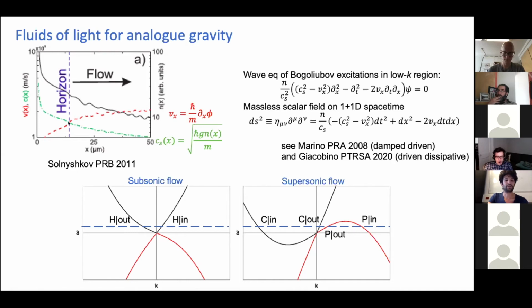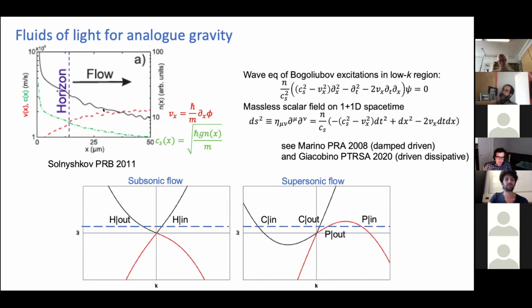And roughly speaking, it increases when the polariton density decreases. So naturally, as we go away from the center of the pump, there will come a point at which the flow velocity of the polaritons equals the speed of sound in the medium. And after that, the flow velocity of the polaritons will be supersonic.